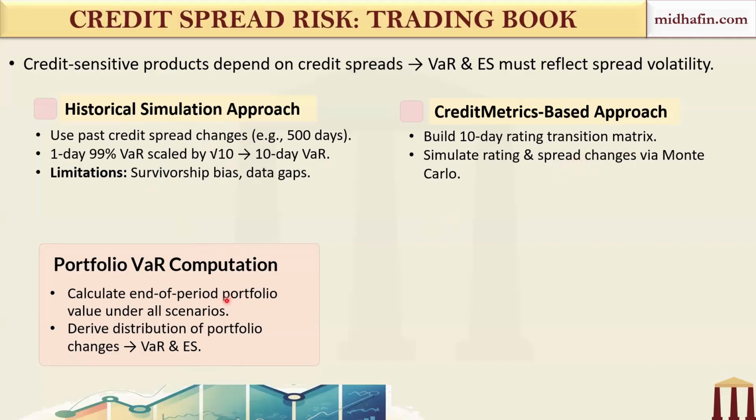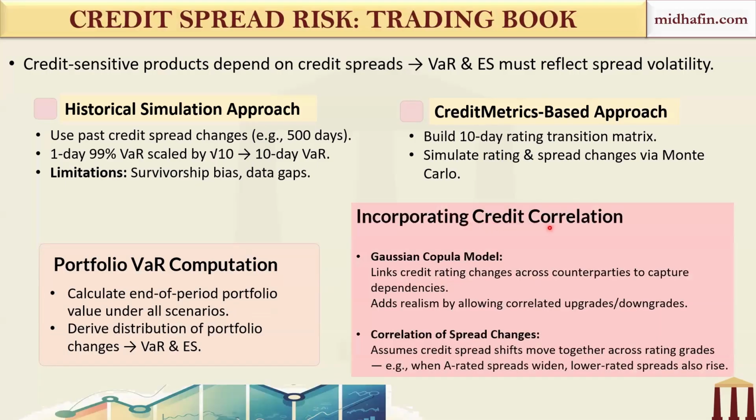Now, once we have estimated the portfolio VaR and the ES, the next important step is to introduce credit correlation, because in reality, credit movements are not independent. We have seen this multiple times today, right? The approaches that we have discussed all deal with the correlation in a different way. When we are talking about the trading book, there are two main ways to do this.